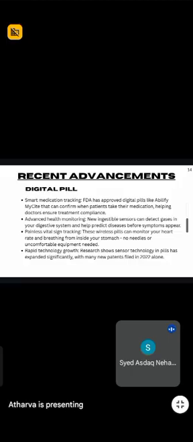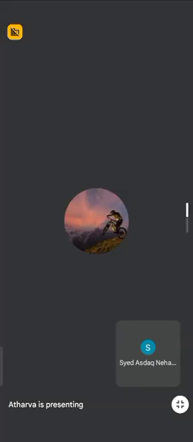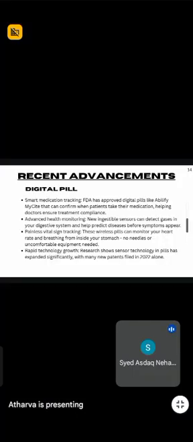Advanced health monitoring: new ingestible sensors can detect gases in your digestive system and help. Last is rapid technology growth. Research shows sensor technology in pills has expanded significantly, with many new patents filed in 2022 alone.